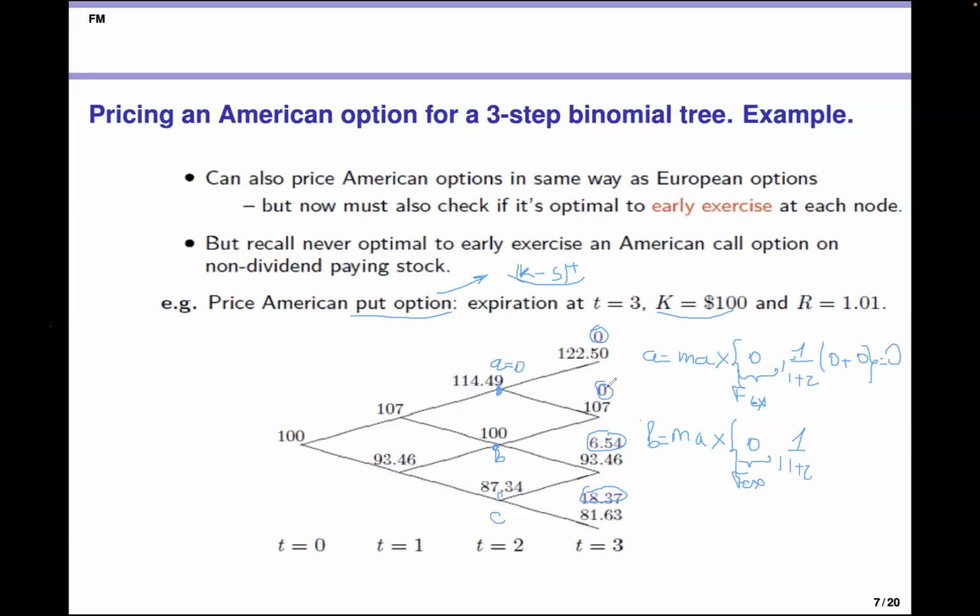And multiplied, now it's not 0, it is 6.54 multiplied by Q. It is mathematical expectation. It is a product of value by probability.